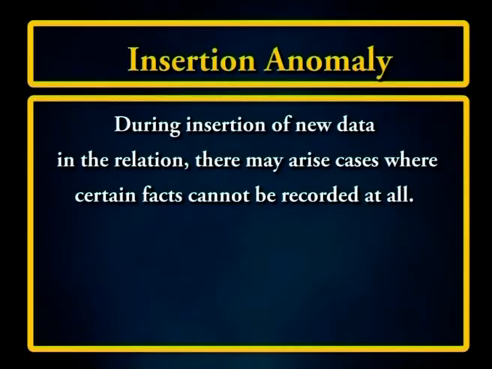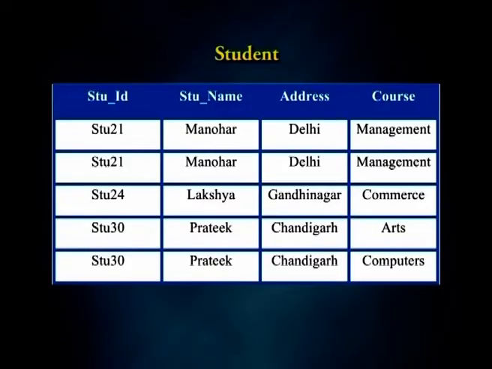During insertion of new data in the relation, there may arise cases where certain facts cannot be recorded at all. For example, suppose in our relation student, for a new admission we have all the details like stu ID, stu name and address, but the student has not opted for any of the courses yet.